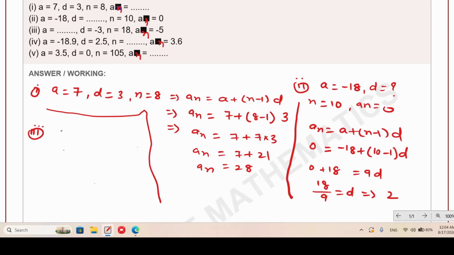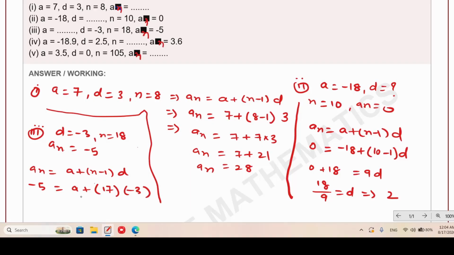In question number 3, A is not given, D is negative 3, N is equal to 18 and An is equal to negative 5. We'll put the formula An is equal to A plus N minus 1 into D. So negative 5 is equal to A plus 18 minus 1, which is 17, times D, which is negative 3.